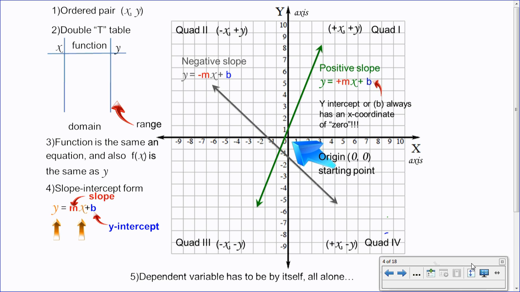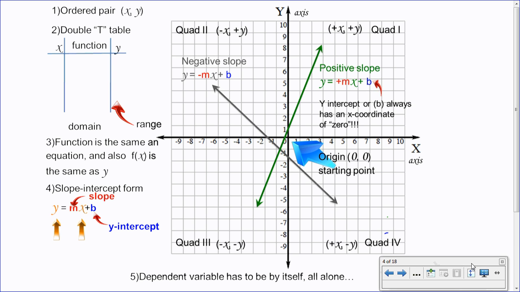Okay. Next thing I want you to put on there, quad 1. Quad 1, top right-hand corner. Quad 1, the x coordinate and y coordinate are always what? Positive. Positive. Good. Write that in there. Quad 2, the x coordinate is negative, y coordinate is positive.